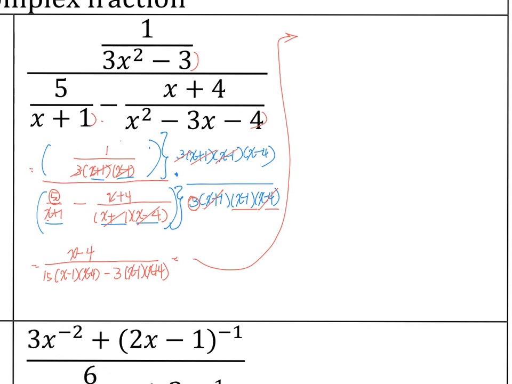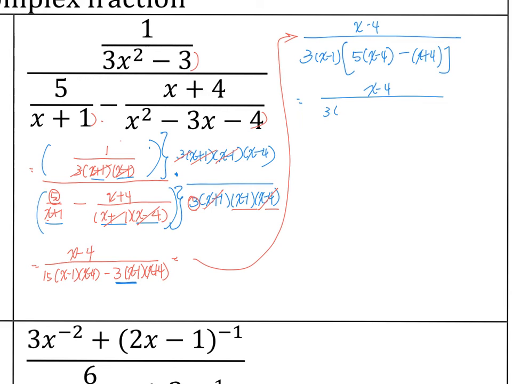Okay, and I'm going to factor out 3 times x minus 1. Okay, and then I will get 5 times x minus 4. And then I'm left with minus x plus 4. Keep simplifying.